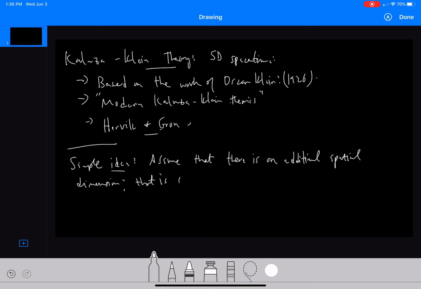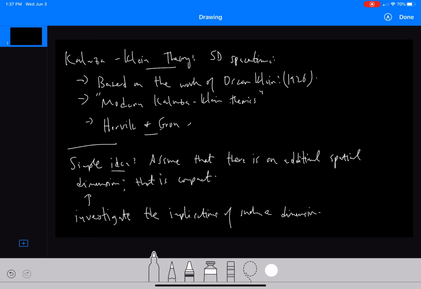Okay. So you have a five-dimensional space-time, and we want to investigate here the implications of such a dimension. If you have a fifth dimension, what does that actually do?